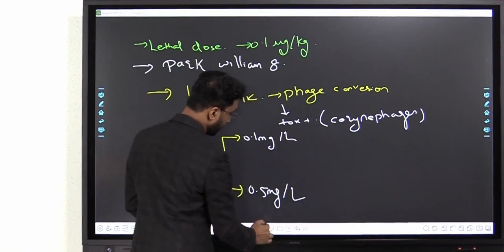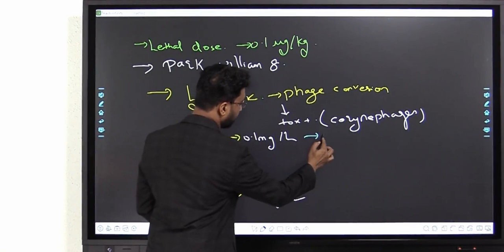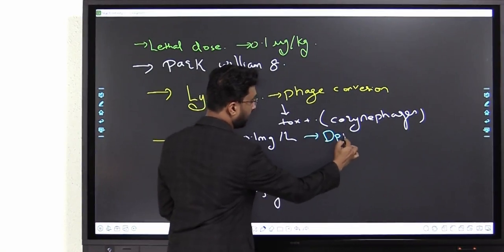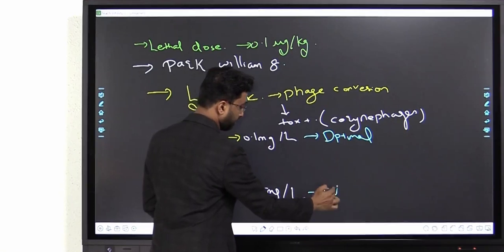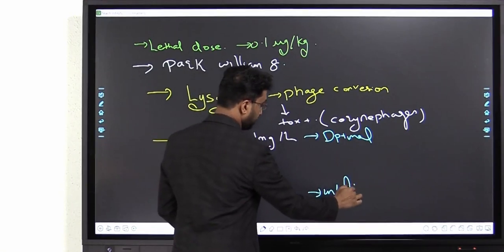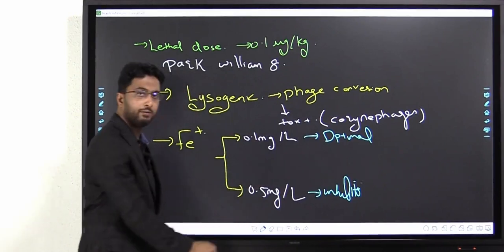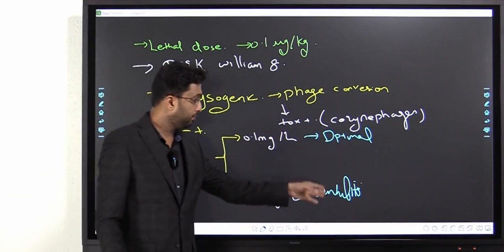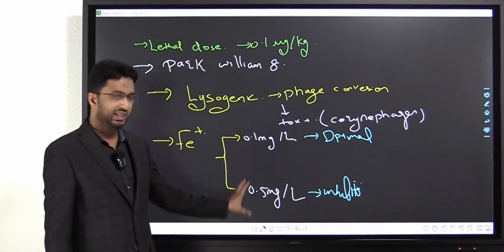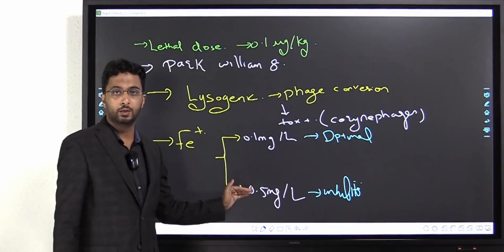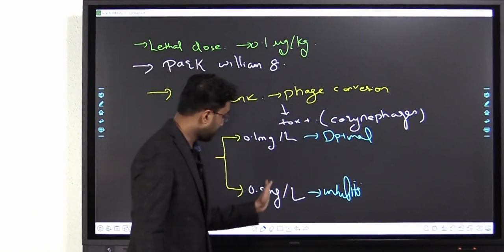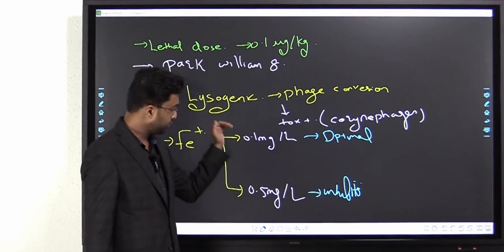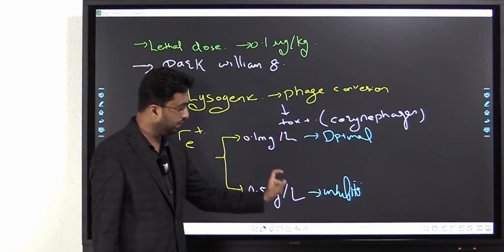One is the optimal concentration that favors production, and the other inhibits. So 0.1 is optimal, 0.5 inhibits. You're comparing two values right away.